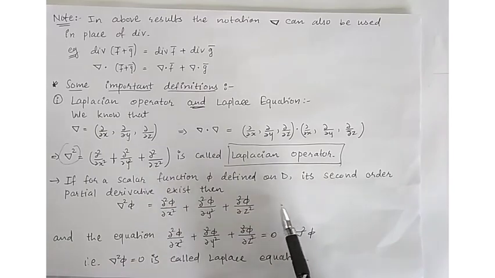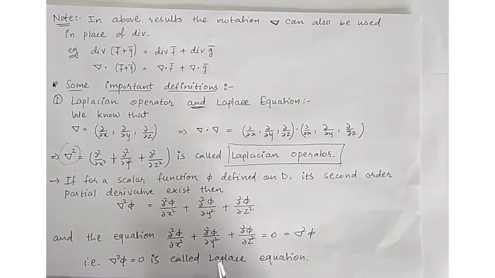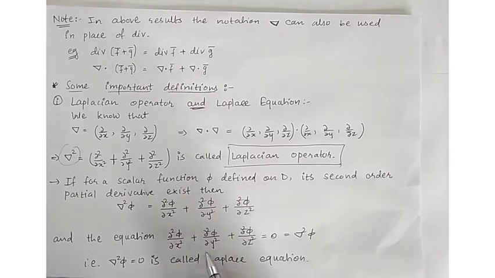And if this is equal to 0, it means del square phi is equal to 0, which is called the Laplace equation.